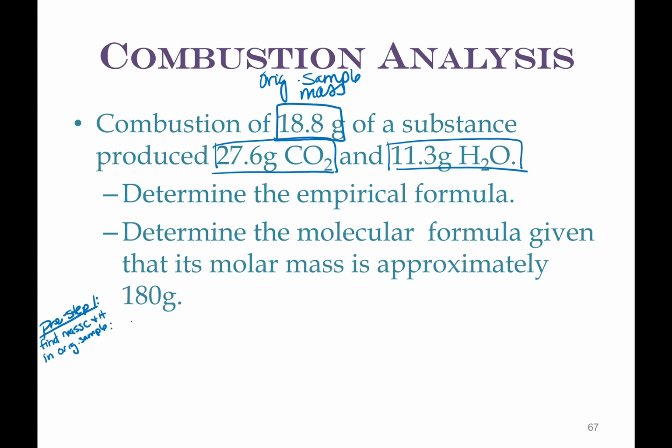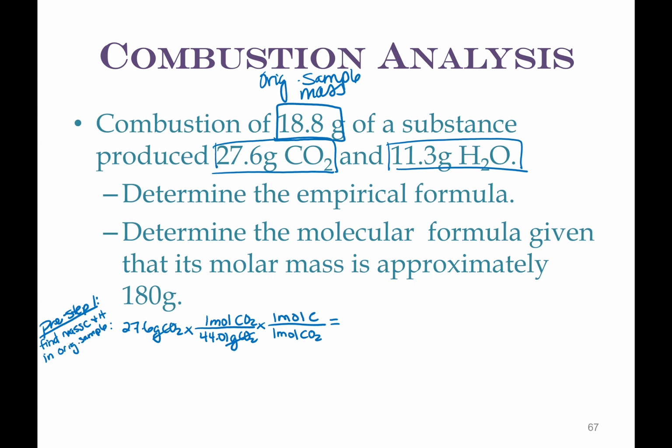So we start with 27.6 grams of CO2. The molar mass of CO2 is 44.01 grams of CO2 for 1 mole. Now, some of you might have that stuck in your head like I do, or you can calculate that from the periodic table. So this is where we come with our mole conversion. 1 mole of CO2 has 1 mole of carbon. For every 1 CO2, we have 1 mole of carbon. Now, you know how I always say don't calculate till the end, but right now I want to take this number and calculate this number.